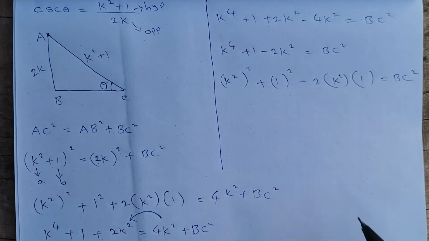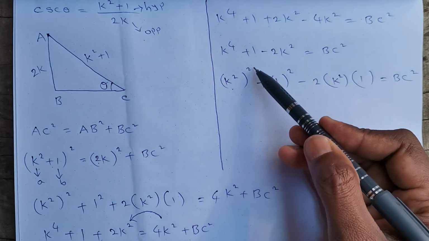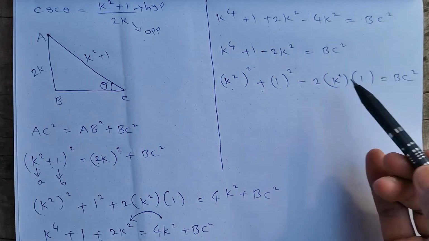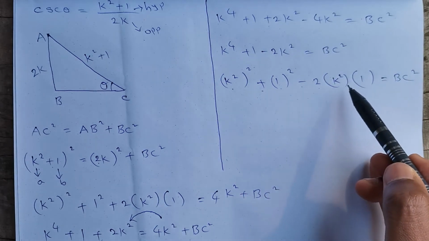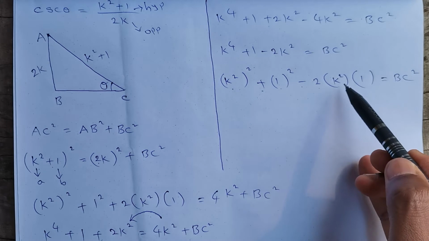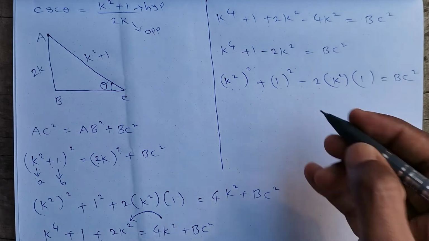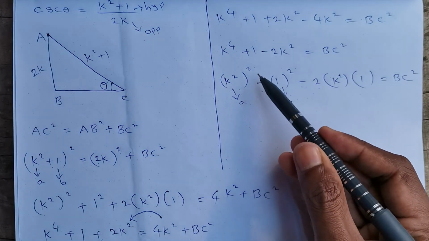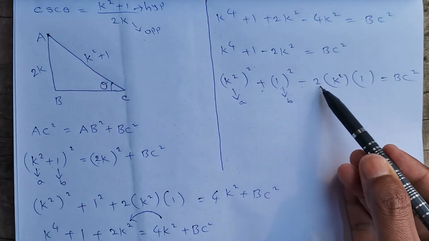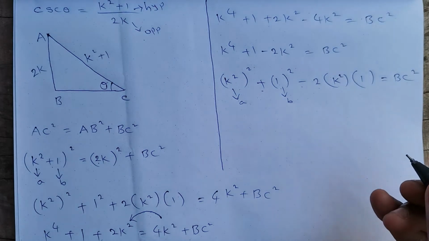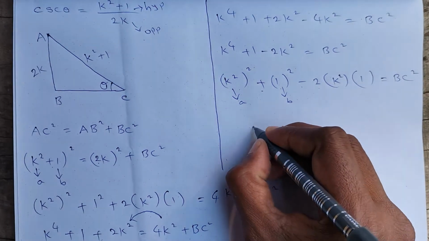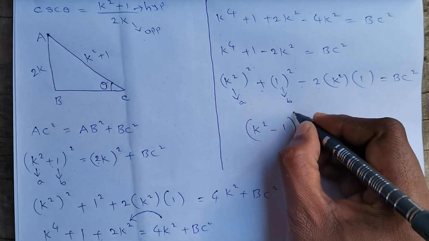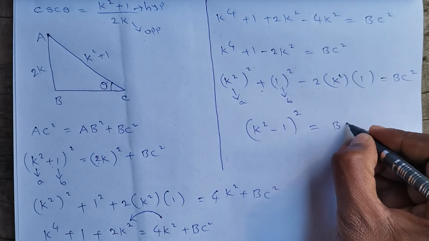Now if we observe clearly, a square plus b square minus 2ab. So this LHS is in the form of a square plus b square minus 2ab, which is nothing but (a minus b) whole square, where a is k square and b is 1. So (a minus b) whole square, a is k square, b is 1, is equal to BC square.